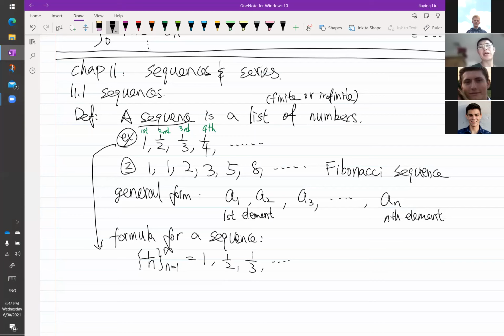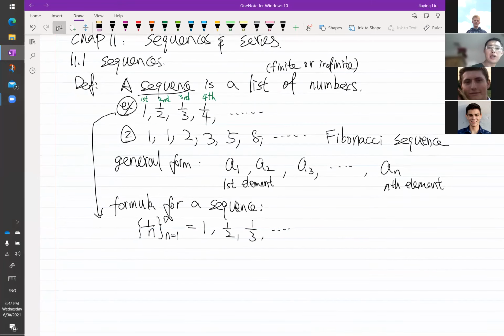How about the Fibonacci sequence? Can we also find a formula to represent the element in there? Not in the sense that we just wrote. The Fibonacci sequence, we have 1, 1, 2, 3.